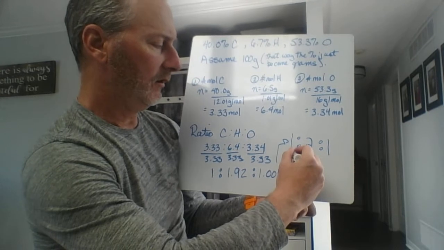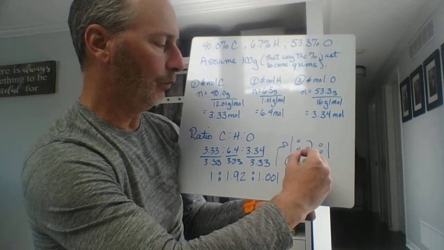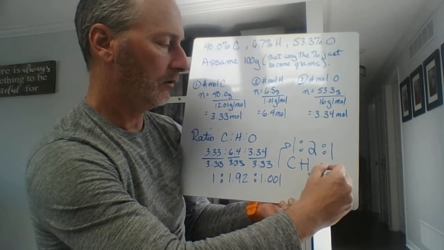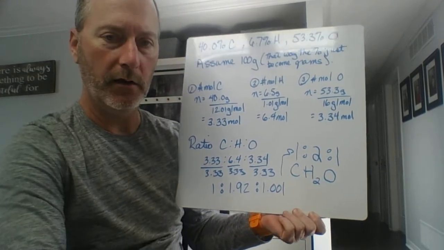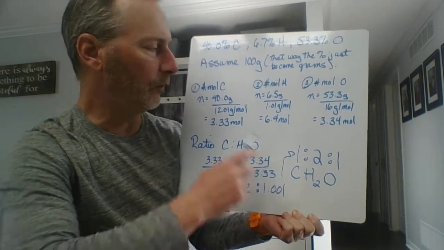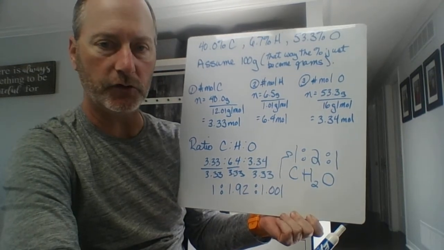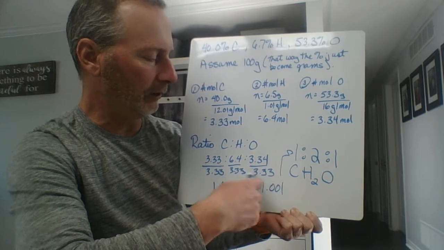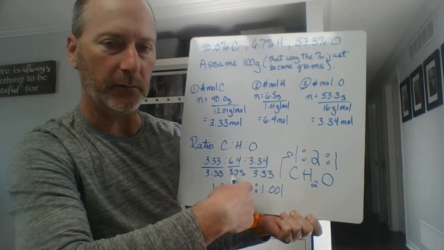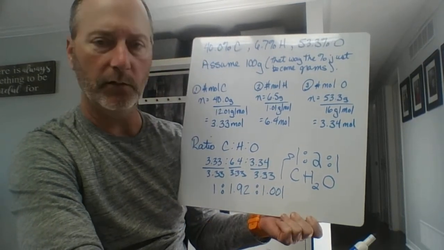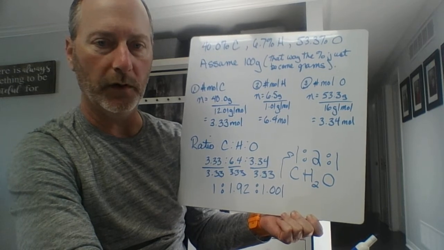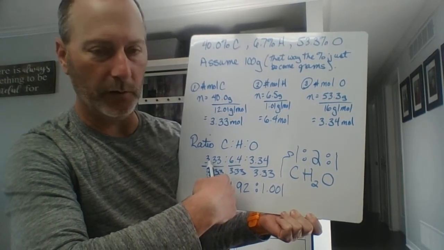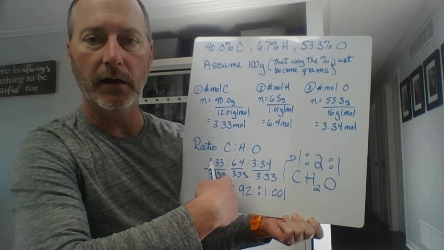So the empirical formula is C1H2O1. That's your empirical formula. So what we do is we find the number of moles of each, then create the mole ratio to get it in the lowest terms, dividing by the smallest number, and then we get it into whole numbers, because we can't have 3.33 carbon atoms.